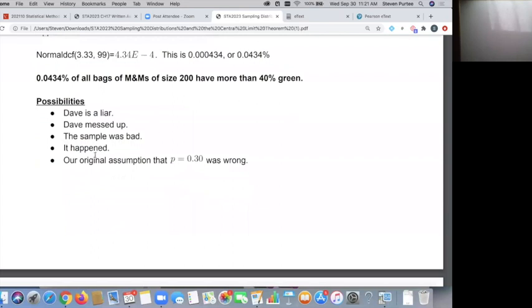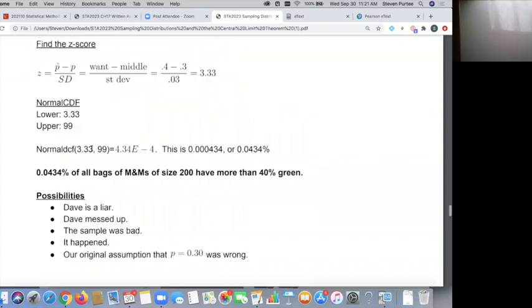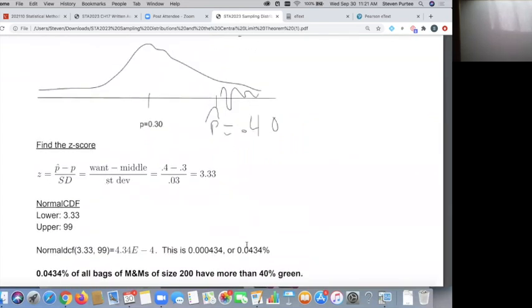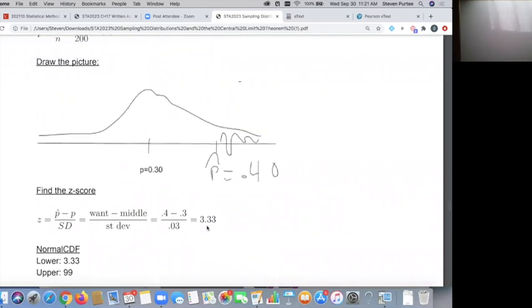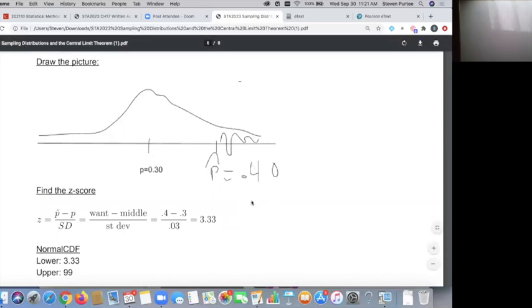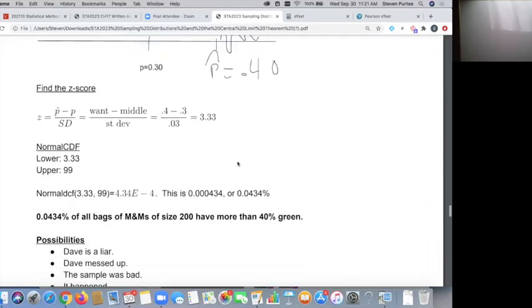Well, our next possibility is stuff happens. Samples vary. Some percentage of all samples will look like that. It happens. If you go out and grab billions and billions of bags of M&Ms, some of them are going to be up here in this range. Maybe Dave just got lucky and got a really weird bag of M&Ms.